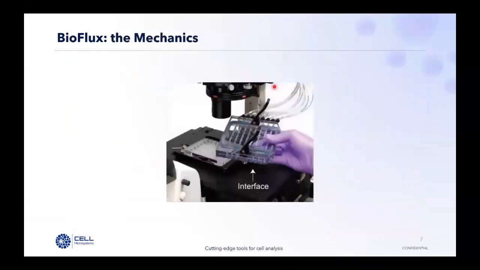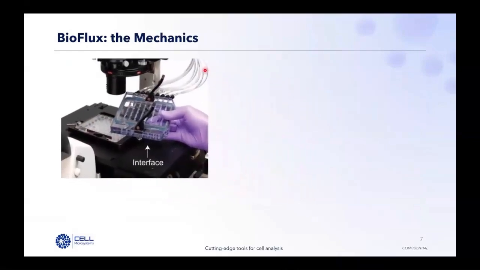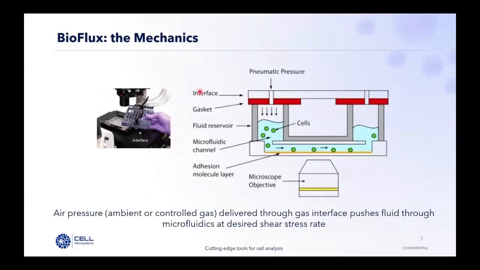The mechanics of the system are fairly simple. The BioFlux plates are placed on an inverted microscope to acquire live images of experiments. The BioFlux controller pushes air or a custom gas through tubing to move fluids from the wells of plates into the microfluidic channels of BioFlux plates.